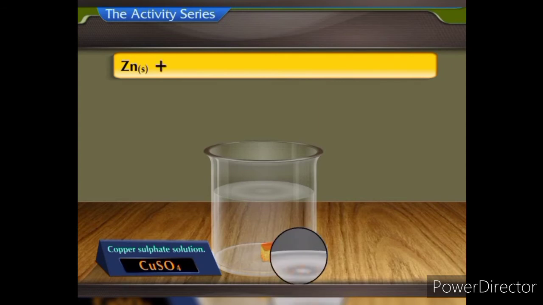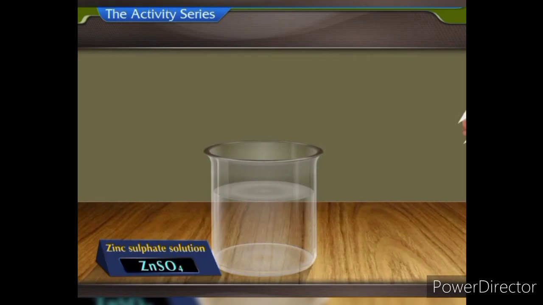Solid zinc displaces copper from aqueous CuSO4 to form aqueous ZnSO4 and copper metal. But less reactive copper metal, when added to zinc sulfate solution, no chemical reaction occurs to release any metal. Thus, zinc is more reactive than copper.